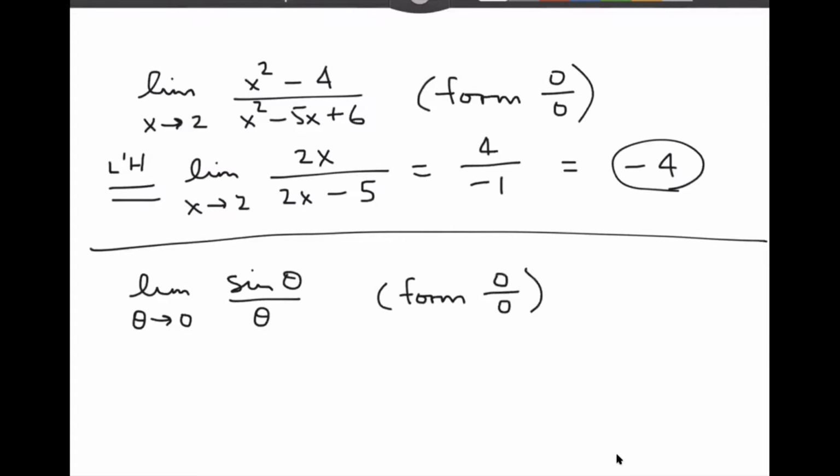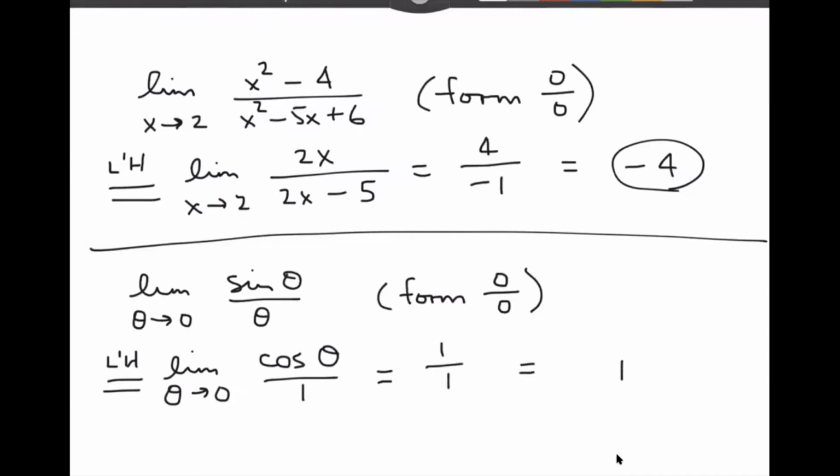I certainly would have, if I had been your Calc 1 instructor. So using L'Hopital's rule, the derivative of sine theta is cosine theta, and the derivative of theta is 1. And now substituting theta equals 0, you get 1 over 1, which is 1. It's like magic.